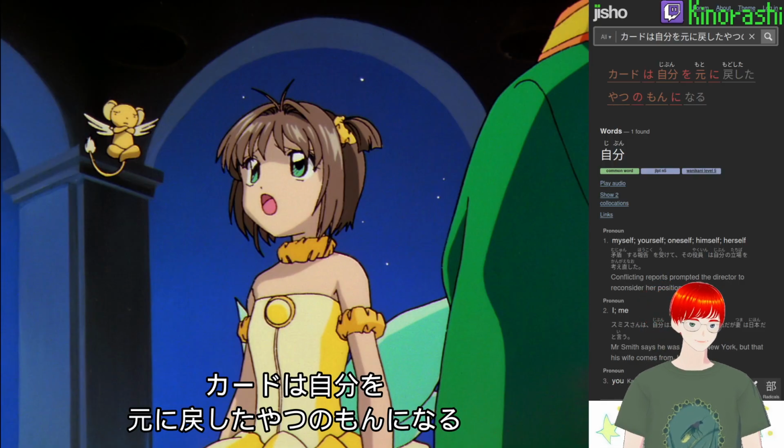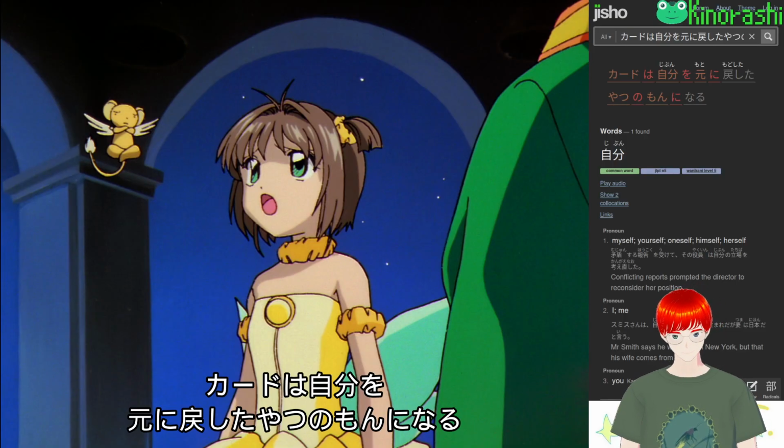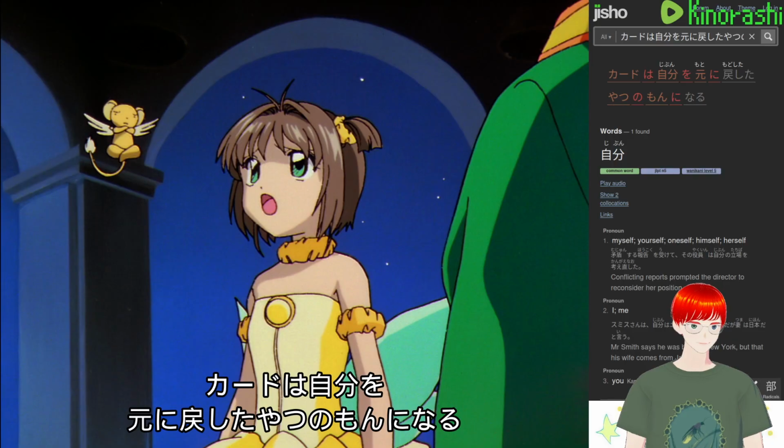The card is the one in the altered state. If the card is the entity in the altered state, then yes, jibun refers to the card itself. The speaker is not the card. He is just talking about the card.